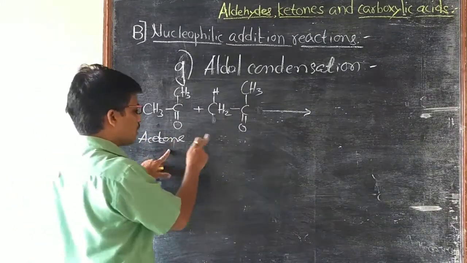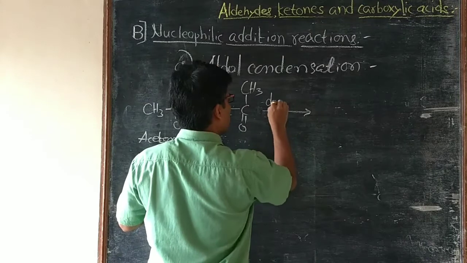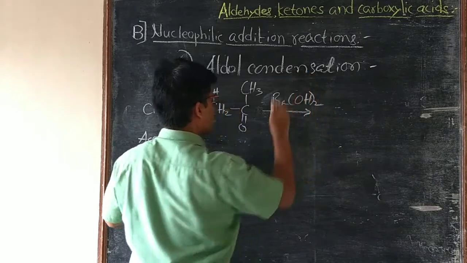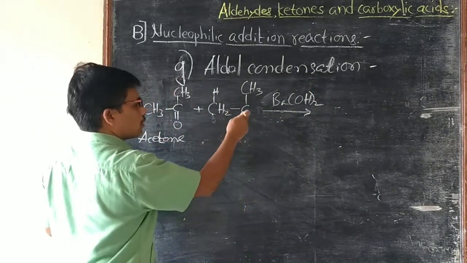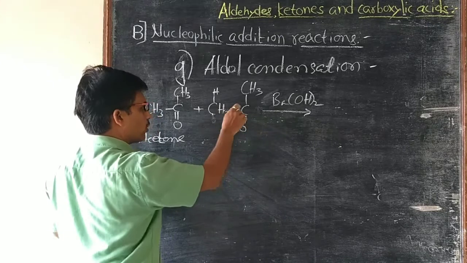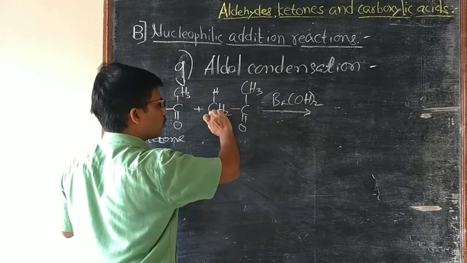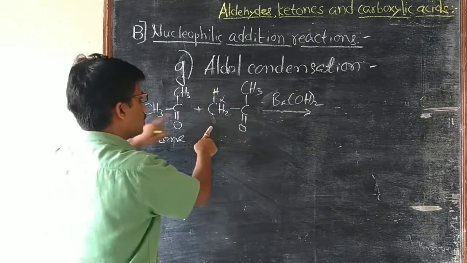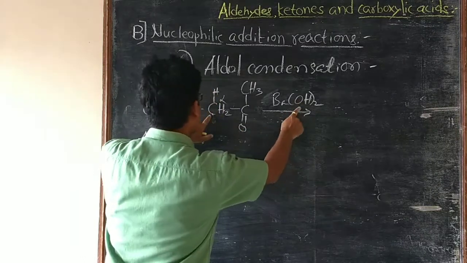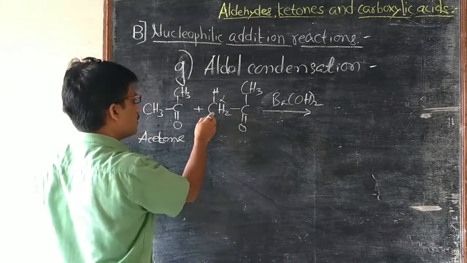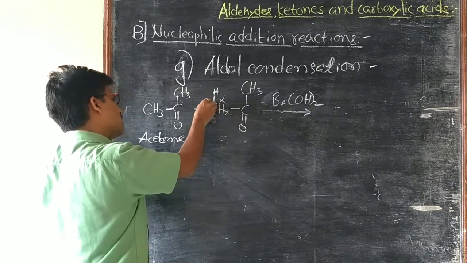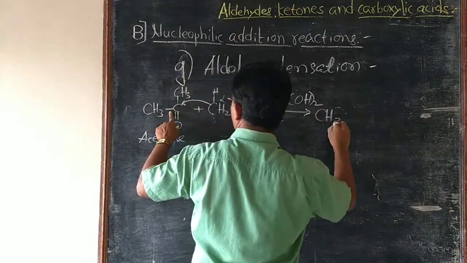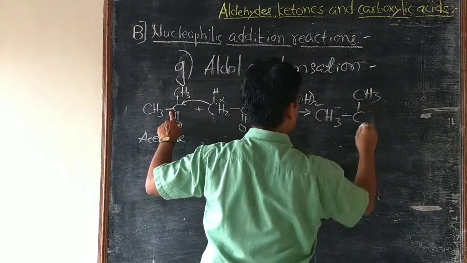Take acetone, a ketone containing alpha hydrogen, in presence of dilute alkali, that is barium hydroxide. In this case, the carbonyl group is electron withdrawing, therefore it withdraws electron density from this carbon atom. Therefore this alpha hydrogen is acidic and is removed by the alkali. This carbanion acts as a nucleophile and attacks the carbonyl carbon to form CH3 CH3.